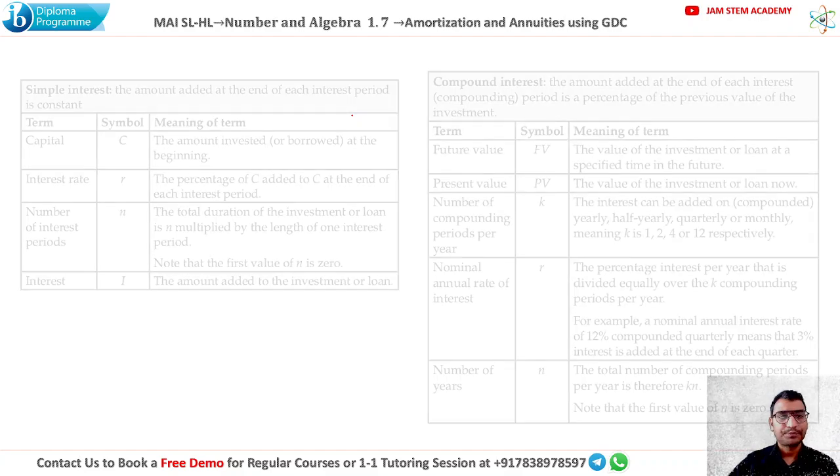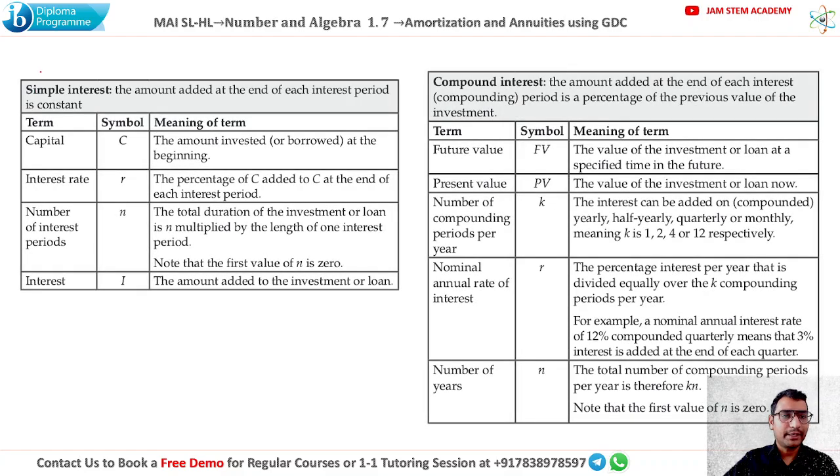Okay. So for the simple interest part, let's say C represents the capital that you paid or you borrowed. R is the rate of interest. N is the total duration of the investment or the loan. Now, I is the amount added to the investment or the loan.